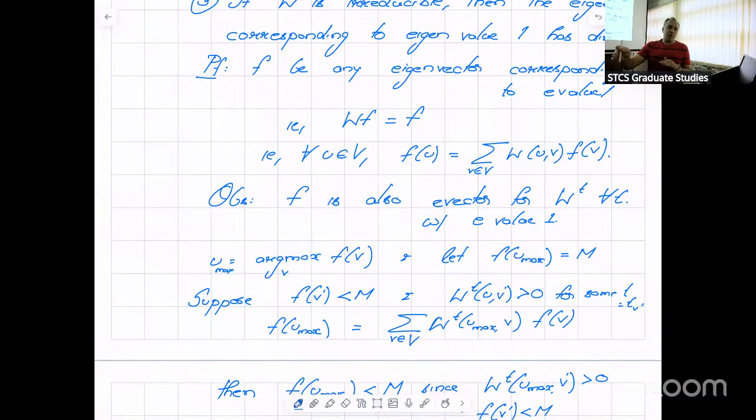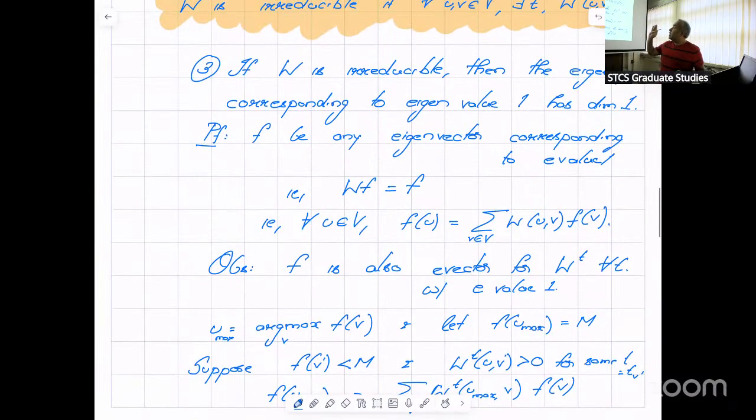I don't want to talk about the least eigenvalue and all of that. That's when the bipartite graph will come. So right now I'm using as little as possible, just the basic definition of the random walk and irreducibility of the random walk. Only irreducibility is needed, and irreducibility tells you that the eigenspace corresponding to eigenvalue 1 is dimension 1.